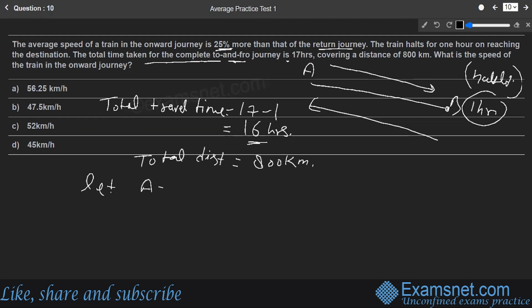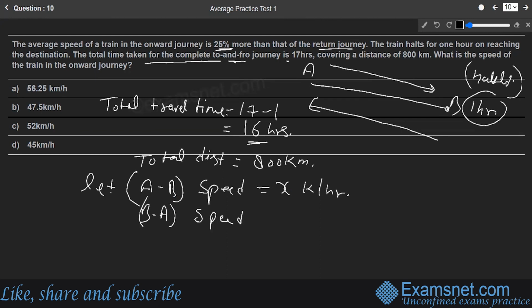Let us assume the A to B speed. Let us assume that while the train traveled from A to B, its speed was x kilometer per hour. As they mention, the average speed of the train in the onward journey is 25% more than that of the return journey. So let us change things.